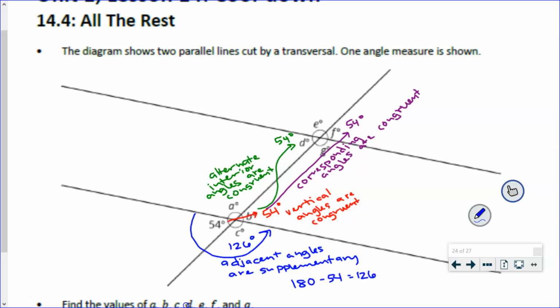And again, using a lot of justifications here, we can take this information and use this to know that this is 126 degrees, so we can find the corresponding angle G is also going to be 126 degrees. We could take these angles here, 126 degrees and 54 degrees, and I can reuse some vertical angles here. 126 degrees means that E is also going to be 126 because vertical angles are congruent.